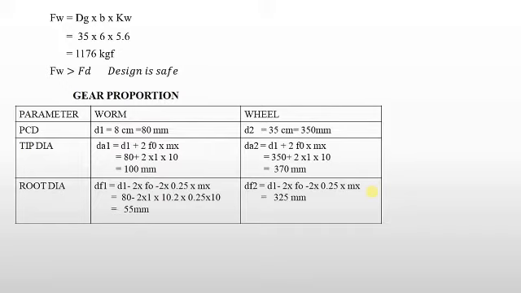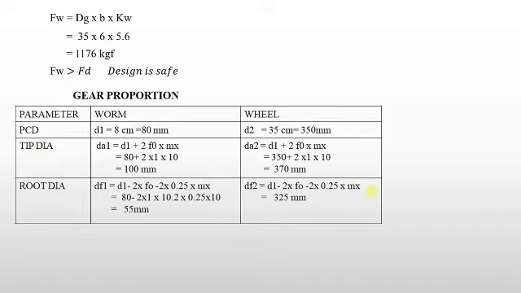From PSG 8.52 we got the equation for wear load. FW is equal to diameter of the wheel into face width into KW. That KW factor we got from PSG 8.54. KW is 5.6. Now wear load is 1176 kgf. The wear load is greater than the dynamic load, so design is safe.